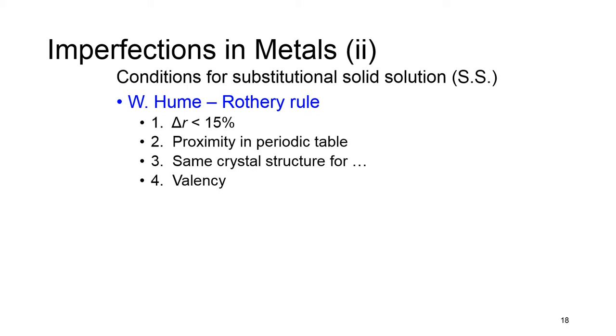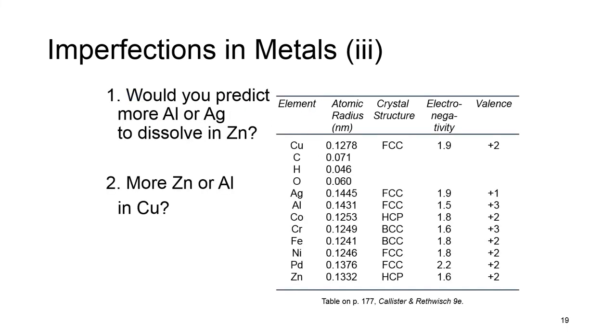Here metals will have a greater tendency to dissolve a metal of higher valency than one of lower valency. So if all these conditions are valid, then you would see solid solution in the metal. Here we can see the application of Hume-Rothery rules for solid solution.